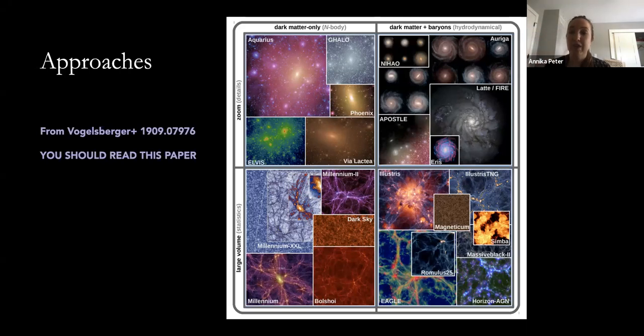On the other hand, if you want to understand how baryons really affect the inner structure of small dark matter halos, you're probably going to want a hydro simulation focused on a few systems to really get the resolution you need. So basically, you do the type of simulation you need in order to understand the science that you want to understand. But broadly speaking, you live somewhere in this grid.